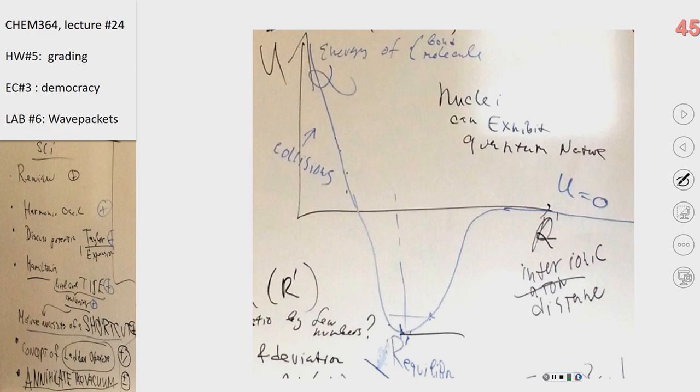Typically, if they go too far, to infinity, the potential will be zero, but if they try to approach the same spot, the force becomes infinite. So this is the description of the motion of two atoms close to each other, and we are not limited to two atoms only.